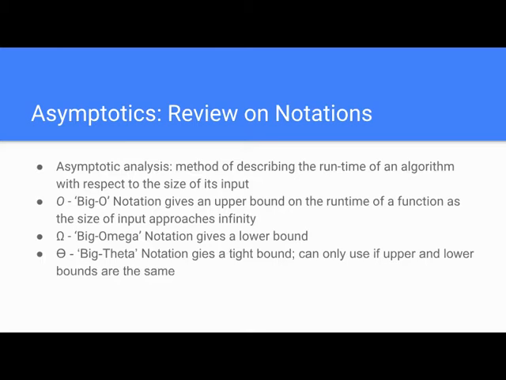We represent our asymptotic analysis with 3 different symbols. Big O notation gives an upper bound on the runtime of a function as the size of the input approaches infinity. Big omega gives a lower bound, and if your big O and big omega notations are the same, then we can represent it with big theta.